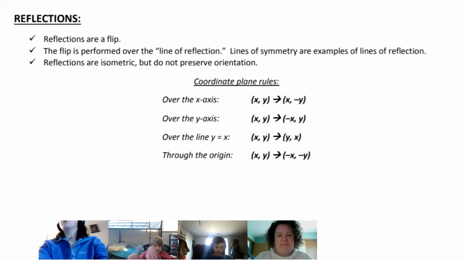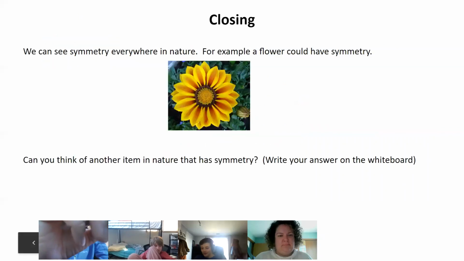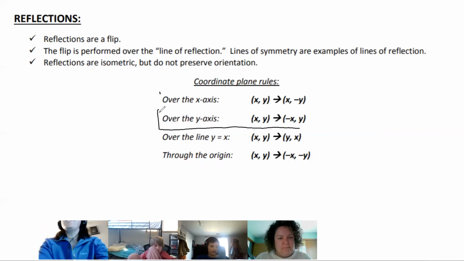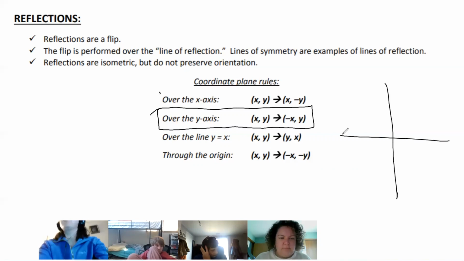So these are the rules. What we just found out is if you flip over the y-axis, it makes your x's turn opposite. So even if we were in the negative x area, if we flipped it the other way, our x would go positive because we're going into the positive x area.